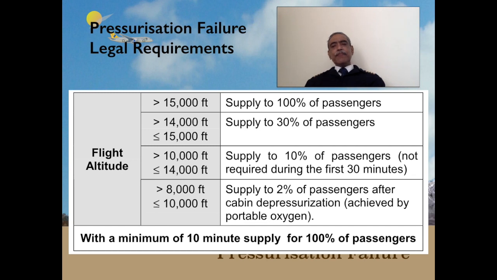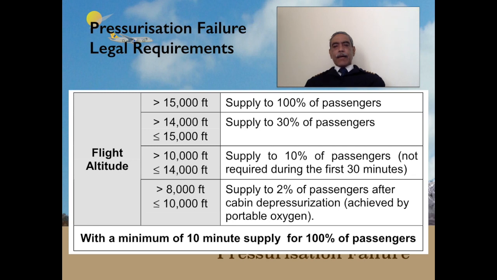This is because all passengers are not the same, and some passengers who are a little bit weak in constitution may not be able to cope with the lack of oxygen at even lower altitudes such as 12, 13,000 feet, and some very healthy individuals are able to cope with the lack of oxygen, which is very small, up to 15,000 feet.